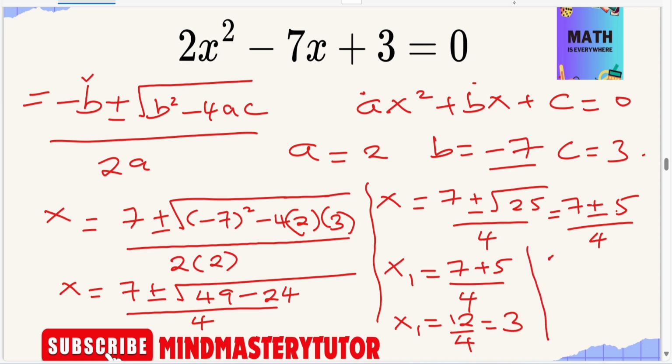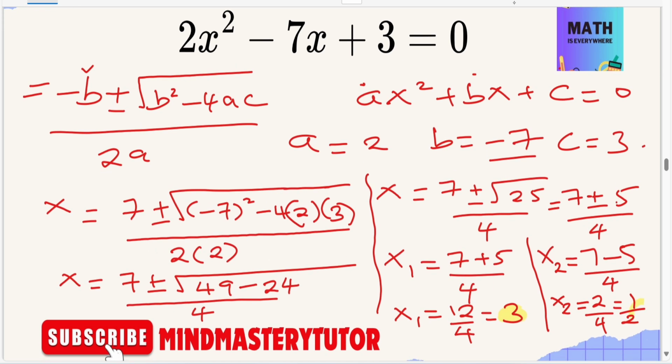So the second x itakuwa negative, so ni 7 minus 5 divided by 4. So the second x will be 2 over 4, which is equivalent to a half. So those are your two answers. So moja ni 3, nyingine ni a half.